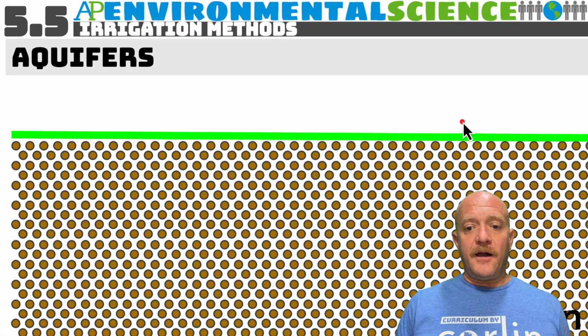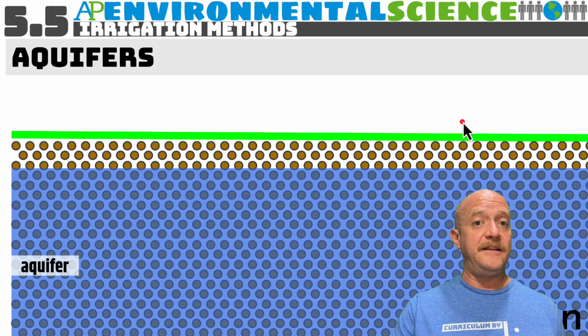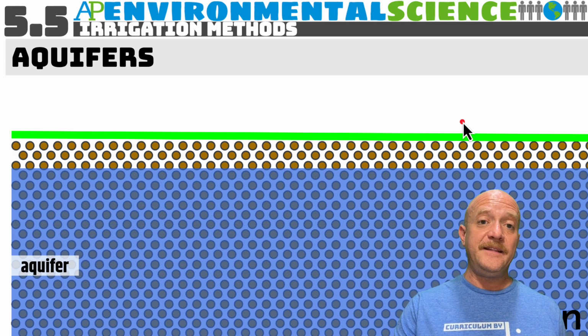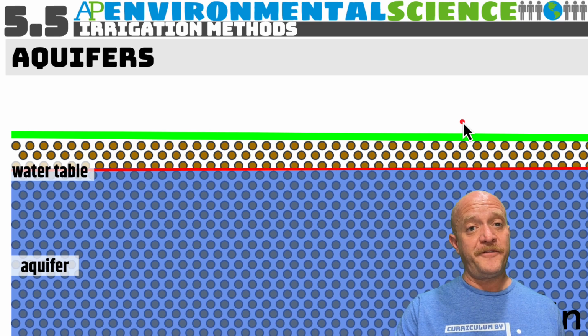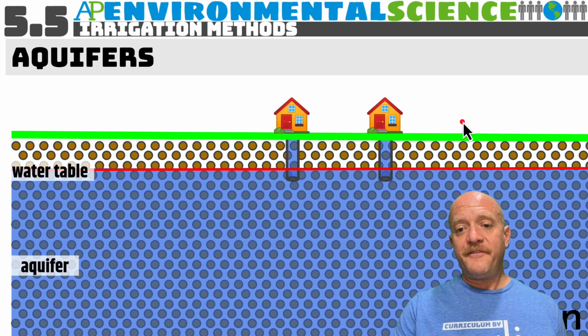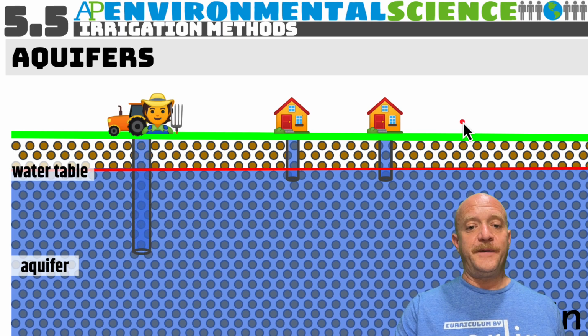So, reviewing again aquifers. An aquifer is just the area of water that is stored in the pores between the soil particles, and at the top of the aquifer is the water table. Now you have maybe two houses, and they both have wells, so they're withdrawing the water. But then you have a big industrial farmer, and maybe they got really powerful pumps that can suck up a lot of water.